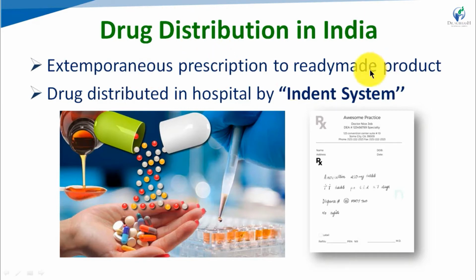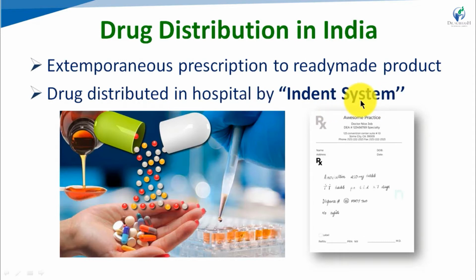But nowadays in India there are ready-made products, that means directly ready-made liquid products, ointments or pastes, or tablets, that are available directly at the drugstore. So now there is no need of preparation at the time of transferring our product to the patient. Nowadays the drug is distributed in a hospital by the indent system.